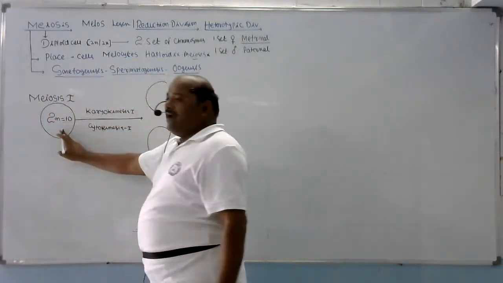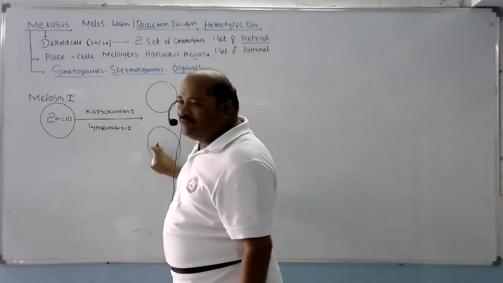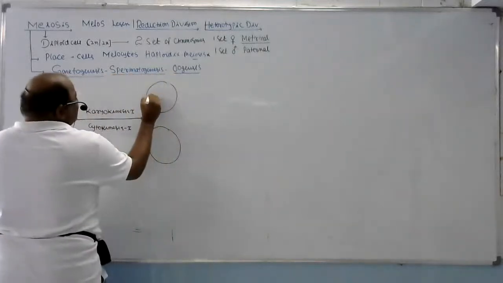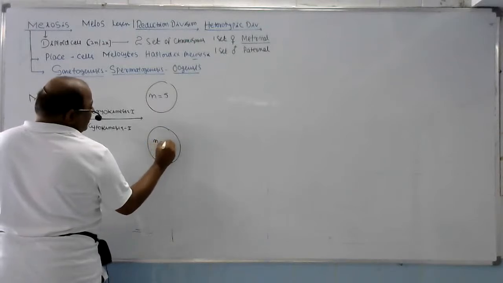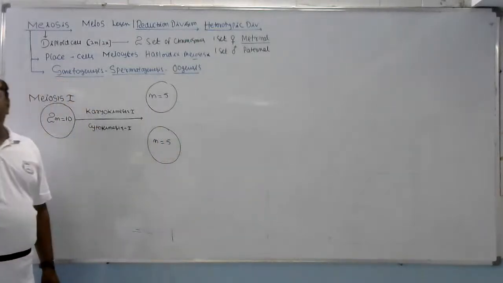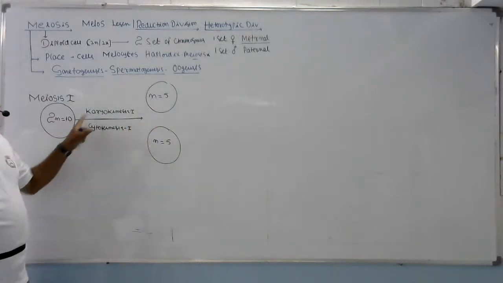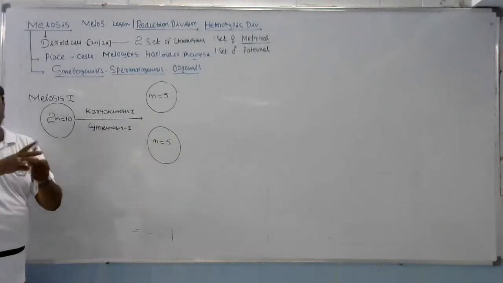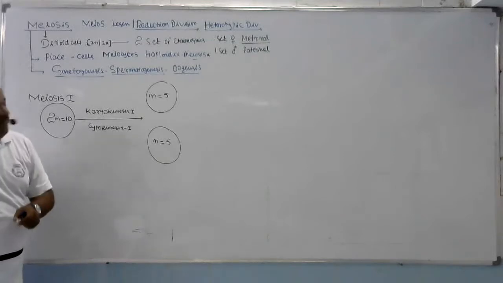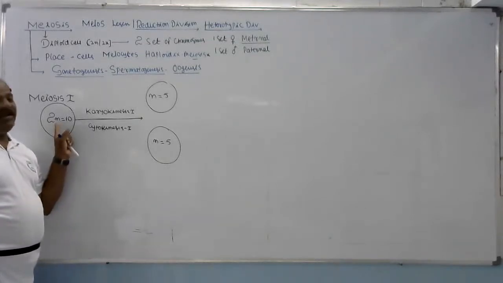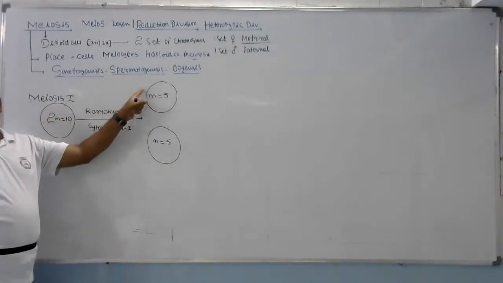Once the diploid cell in meiosis 1 is divided, it forms 2 cells. Each cell has 5 chromosomes. Compared to the parental cell, the daughter cell's chromosome number is reduced to half. For example, 2n equals 40, n equals 20; 100, 50.